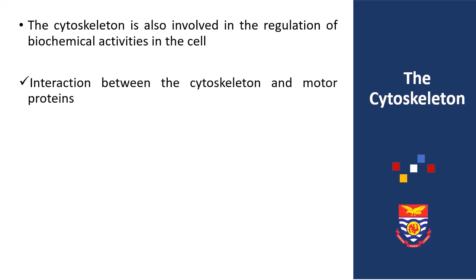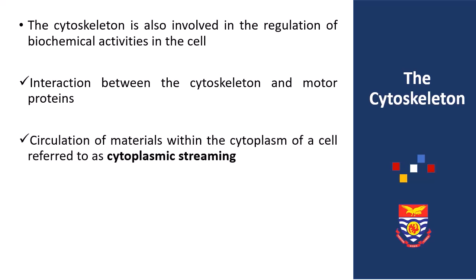When there is a change in position of a cell or movement of a cell, there is an interaction between the cytoskeleton and motor proteins found in the cytoplasm of the cell. The movement or circulation of materials within the cytoplasm of a cell is referred to as cytoplasmic streaming.